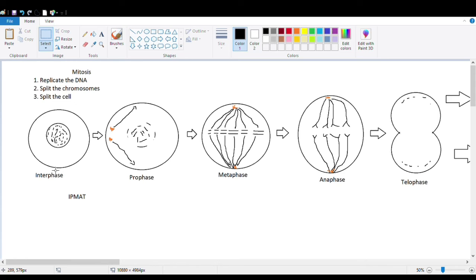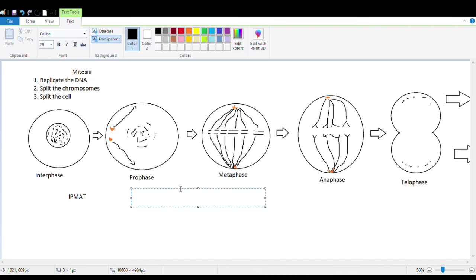So let's look the whole thing over again. Going from interphase, anaphase, telophase: replicate, split the chromosomes, split the cell. And between that, we have to do prophase and metaphase. This is to really set things up. So prophase was responsible for three things, so I'm going to write that out. The chromosomes became a bit more organized.